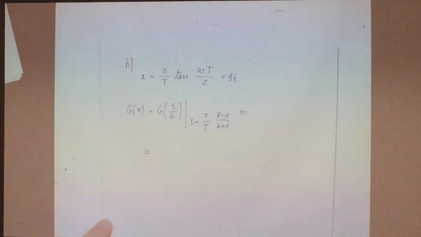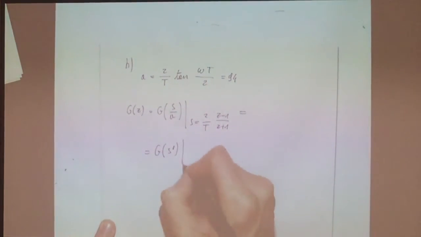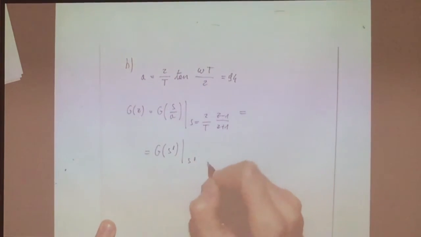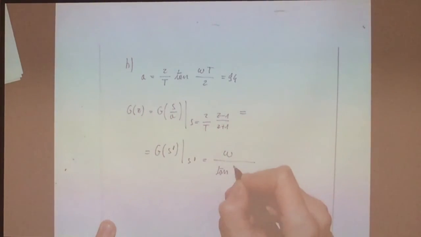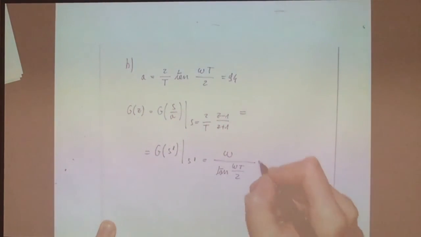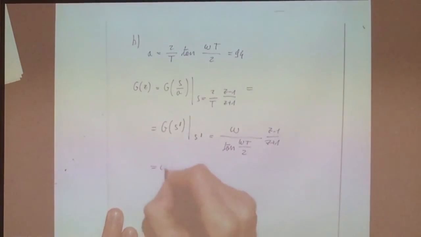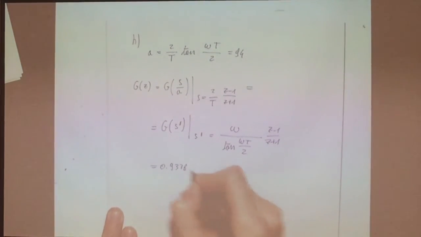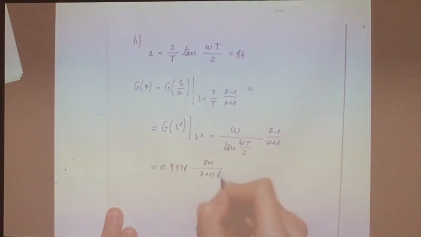But you can also use the shortcut and say, fine, I instead use G of s prime, and I do the substitution s prime equal to omega over tangent of omega T divided by 2, times z minus 1 over z plus 1. That's the same thing. Okay? And if you do so, you find, by substituting the numbers, 0.9338 (z plus 1) over (z plus 0.86 something else).